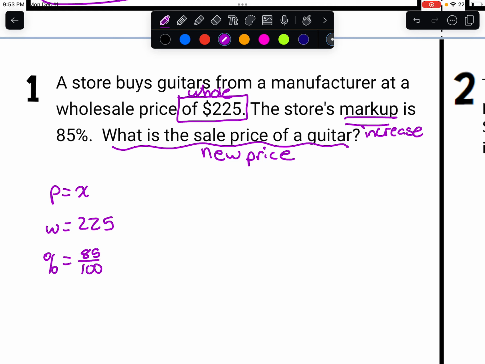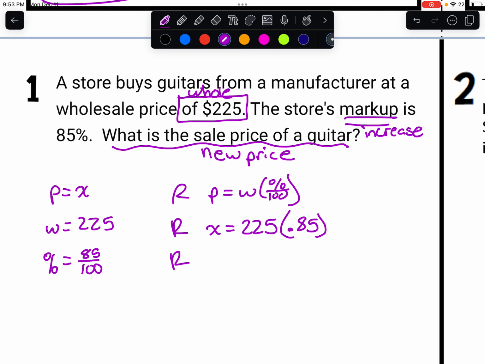Now we can jump right to our rewrite, replace, recalculate. We got part equals whole times percent out of 100. Our part is x, our whole is 225, and our percent, I'm going to use it as a decimal, 0.85.